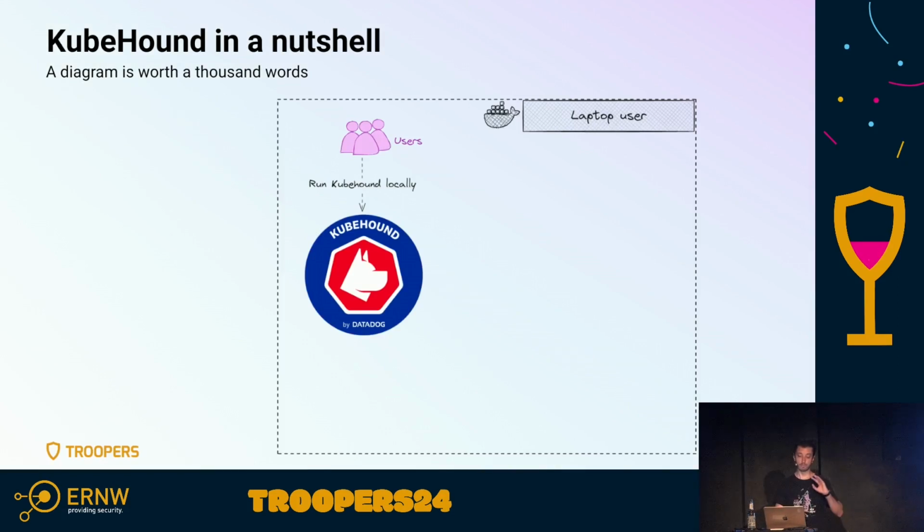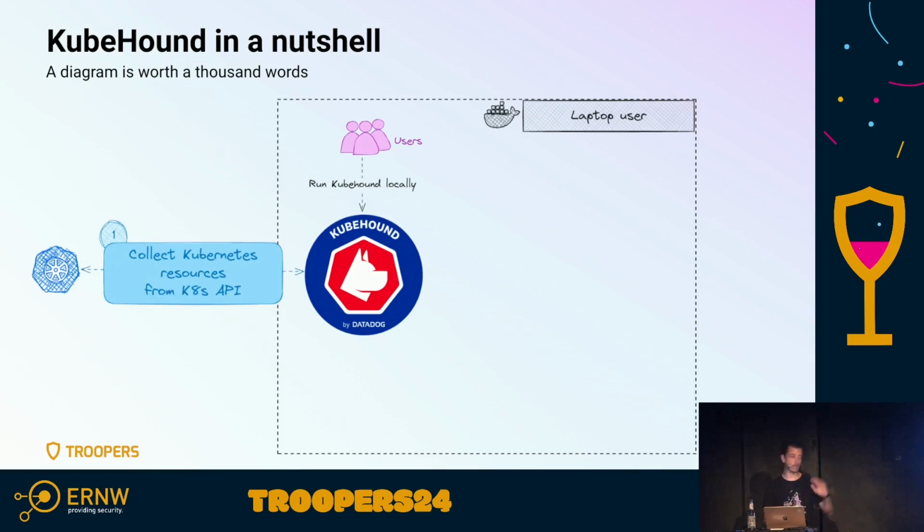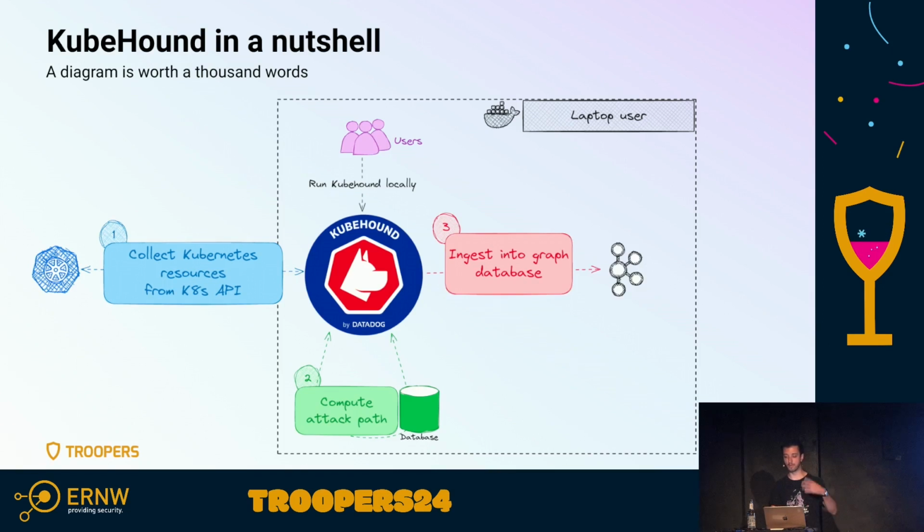So again, to explain what I just ran on my laptop: KubeHound asks the Kubernetes API to get all the resources. From it, we compute the attack paths into a database, and from there we ingest the attack paths into a graph model, and from it you query the graph model to do the hunting and get what we want.